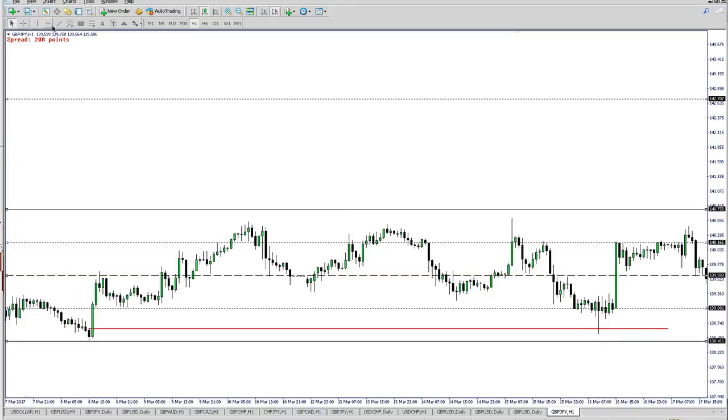You see that? So market goes away. This is one scenario. Market goes away, comes back to the order block, and then it's got to go back to equilibrium.